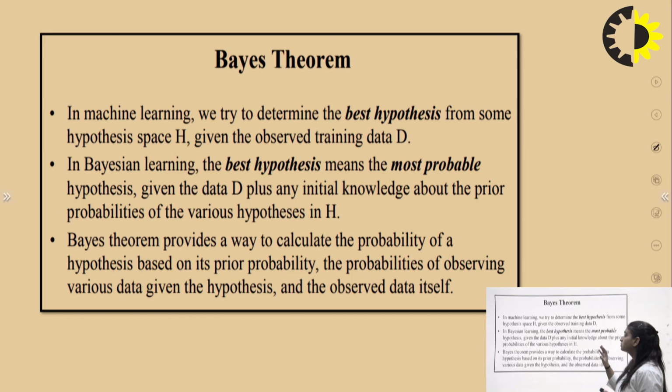So let's say we have three hypotheses, H1, H2 and H3, then the collection of these is capital H. And you need to find out the best hypothesis. So in Bayesian learning, the best hypothesis means the most probable hypothesis. You need to find out the probabilities, and you'll choose the hypothesis with the highest probability.